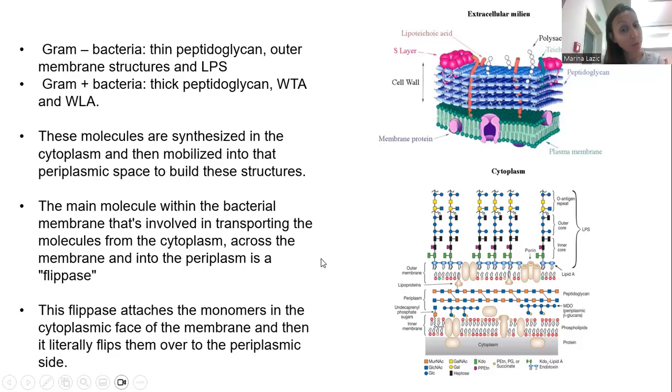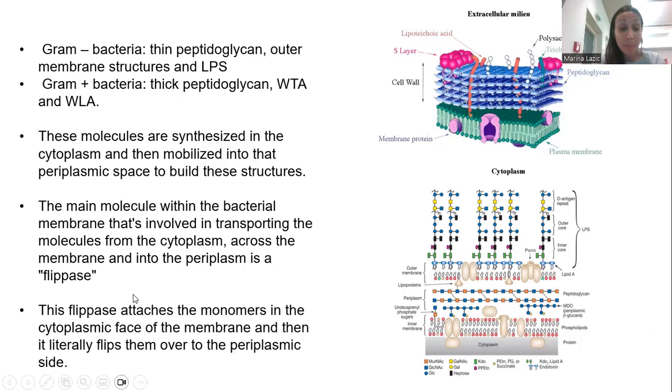This is an important molecule that we will discuss in detail. The flippase is technically not an enzyme, though it does have the function of an enzyme. I always get distracted with the name, so I have to be careful what I'm telling you.